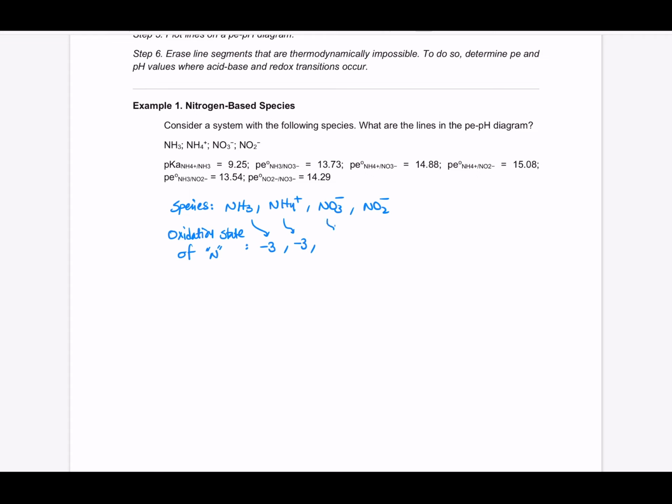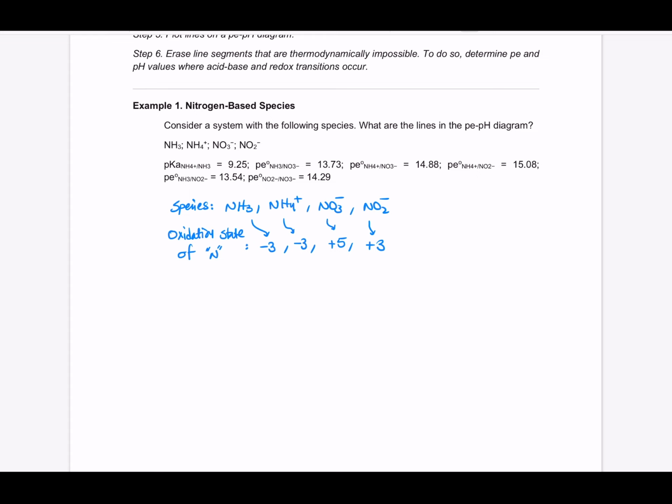So what is it in nitrate? Plus 5. And nitrite? Exactly. So how many reactions are we expecting, or how many lines are we expecting eventually? Someone said 4.